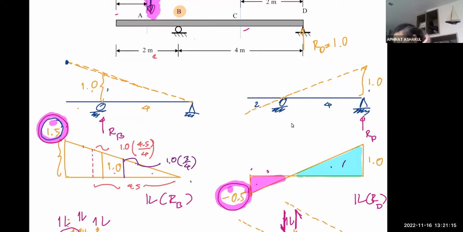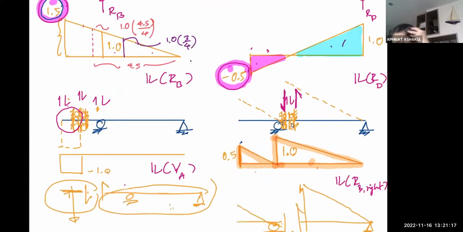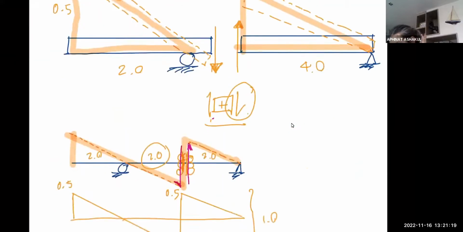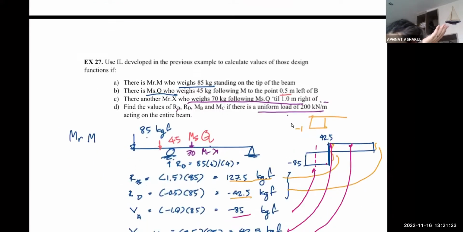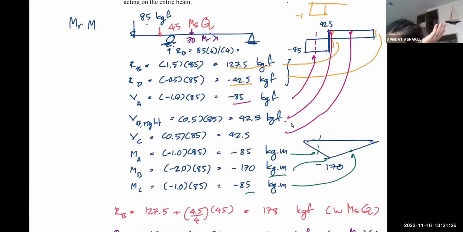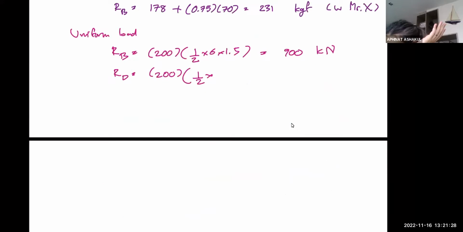So you must account for that. Okay. So, we go back here. We have the positive area of a half multiplied by 4, multiplied by 1, minus the negative area of a half multiplied by 2, multiplied by 0.5. So that will give you the reaction of RD.